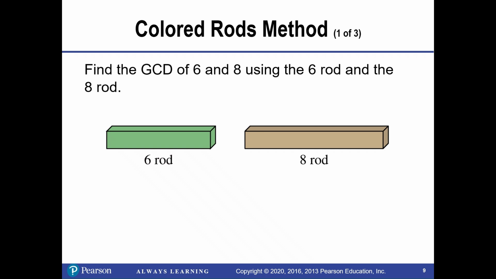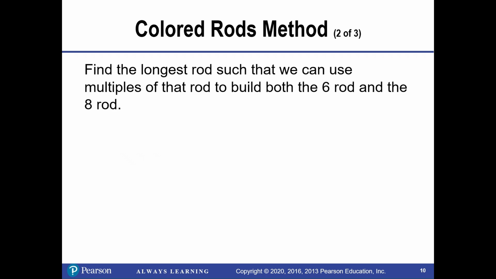So we can think about greatest common divisor using a colored rod method. If we want to find the greatest common divisor of 6 and 8, we would model the 6 with a 6 rod and the 8 with an 8 rod. And our goal is to find the longest rod that we can use, multiples of that rod, to build both the 6 rod and the 8 rod.